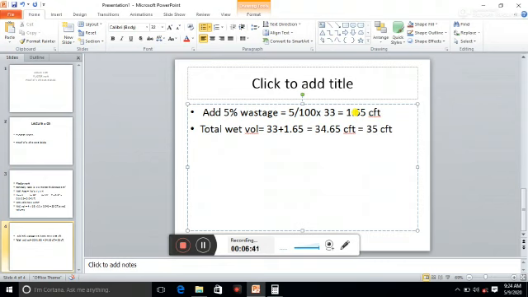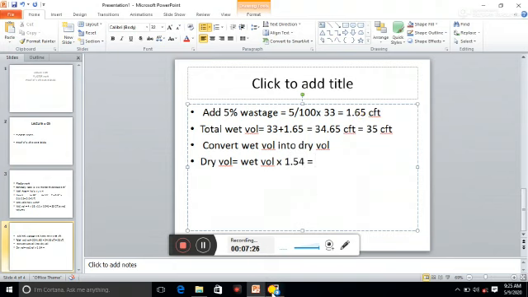Now we will convert this wet volume into dry volume. We will convert wet volume into dry volume by multiplying by 1.54. So dry volume is equal to wet volume multiplied by 1.54.